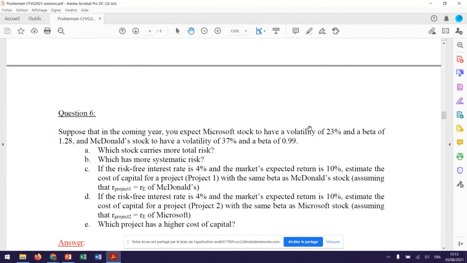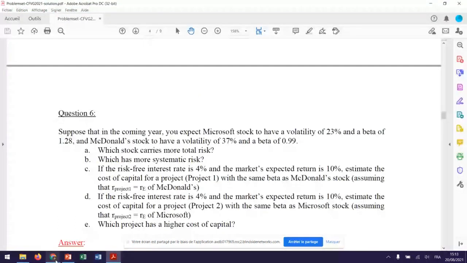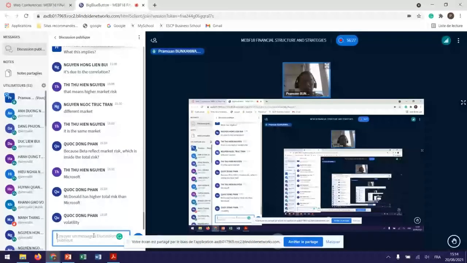The only thing not mentioned here is idiosyncratic risk, meaning that McDonald's seems to have a high idiosyncratic risk, specific to McDonald's, that is not necessarily market risk, whereas Microsoft depends very much on market risk.